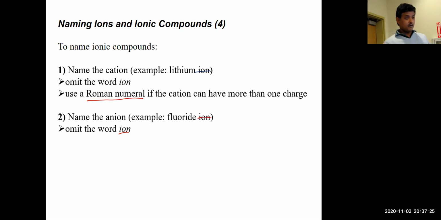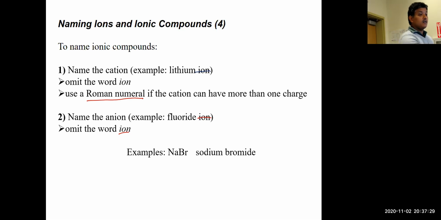For example, if you have NaBr, this is how you would name it. Na has a fixed charge, and Na plus is called sodium ion, so you would exclude the ion. Br with -1 charge is called bromide ion, but when you name them as a pair in an ionic compound, you remove the ions and you say sodium bromide.